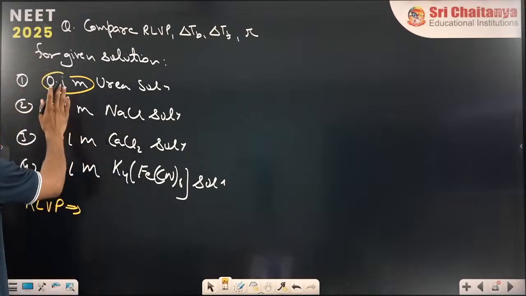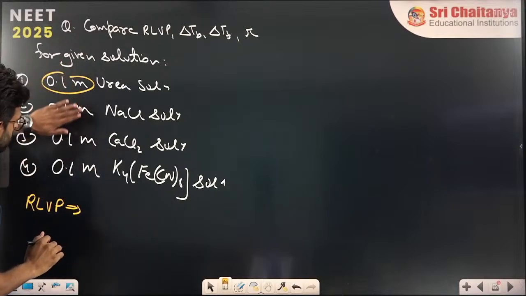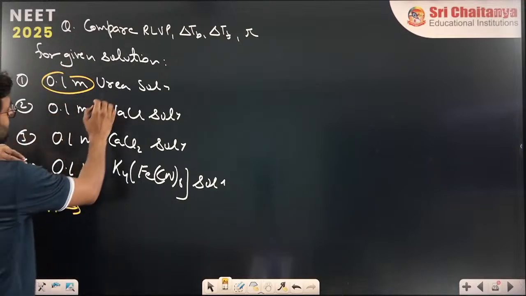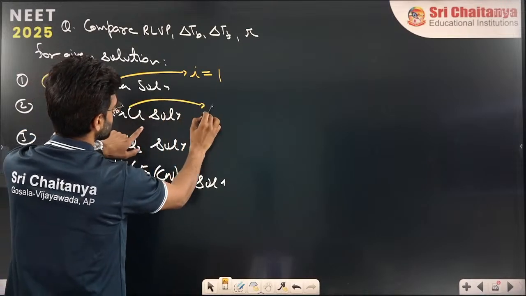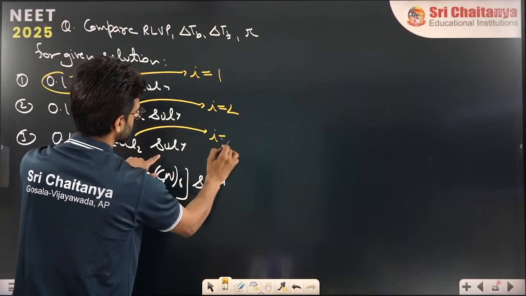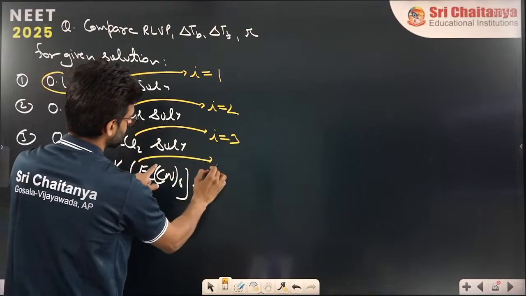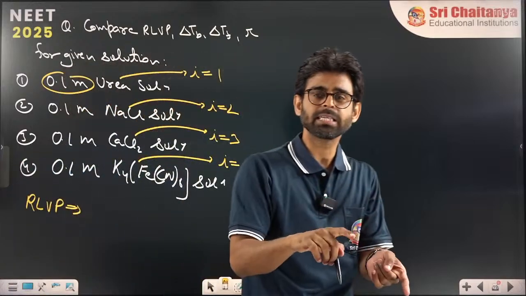But molarity is given same, so mole fraction is also same in all cases. But here the Van't Hoff factor, how much? i is 1. Here what is i? i is 2. What is i? Van't Hoff factor how much? 3. And what is i here? i is 5. So Van't Hoff factor will change the whole scenario.